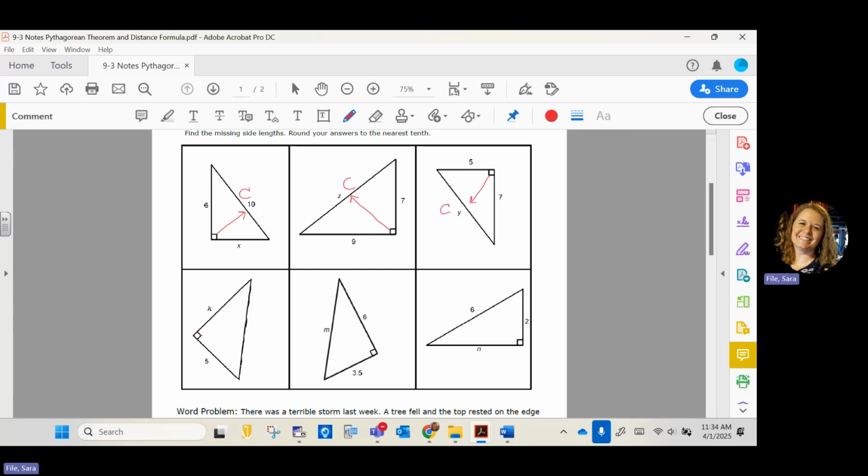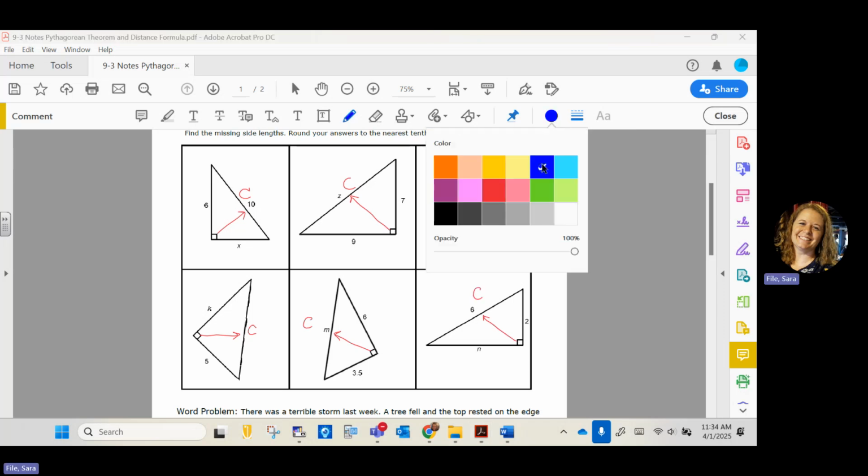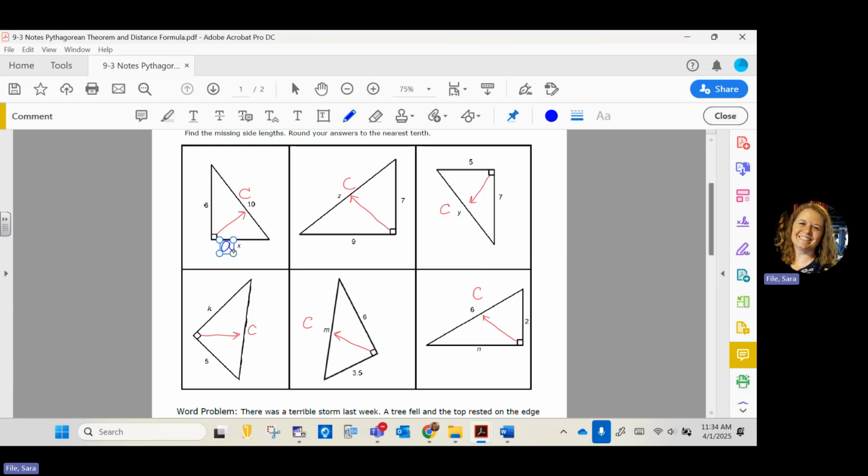Just make sure you're getting the right side is the C. Okay, now the legs, what's left, A and B are interchangeable, so it doesn't matter. I'll just do A on some of them. And B on the others.